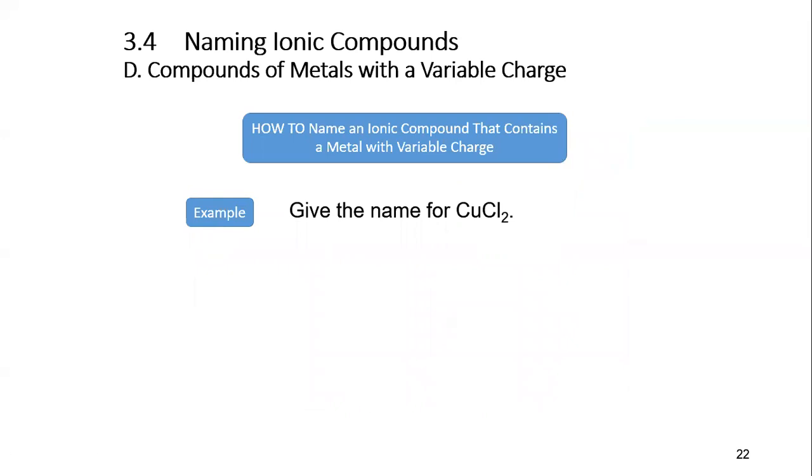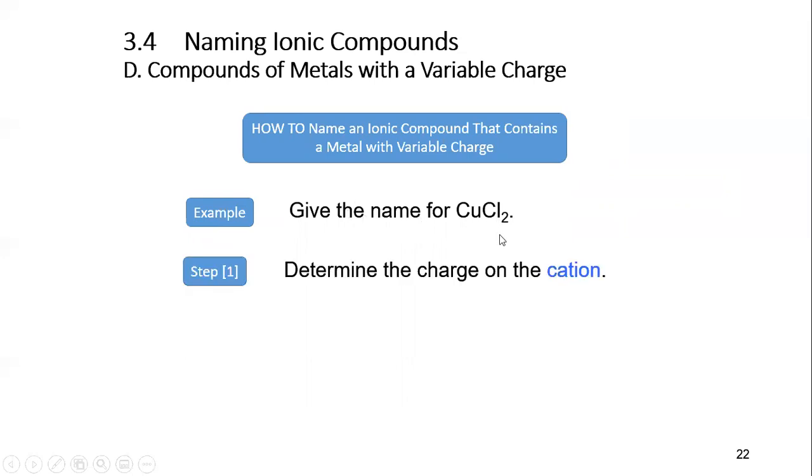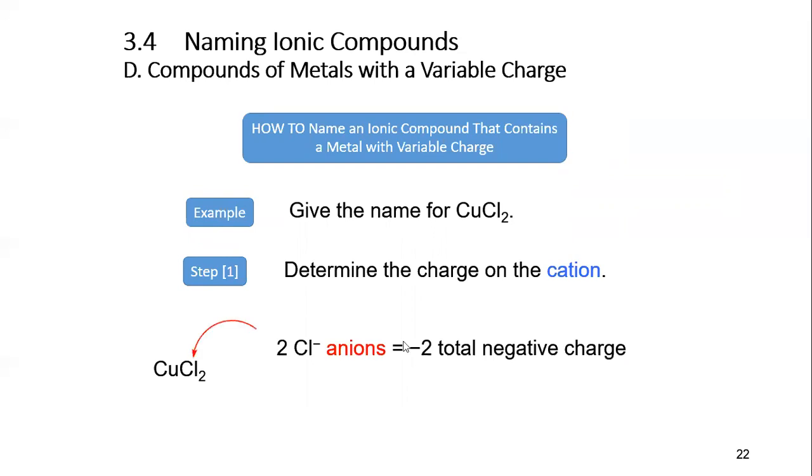And so you may ask, how do we write the name? Do I have to memorize all those ionic charges? You don't. As long as you know the charge of the anion, like for example, chloride is -1, you can determine the charge of the cation. So here we want to give the name of CuCl2. We need to determine the charge of the cation in order to write the name of the compound. We notice that we have 2 chloride anions.